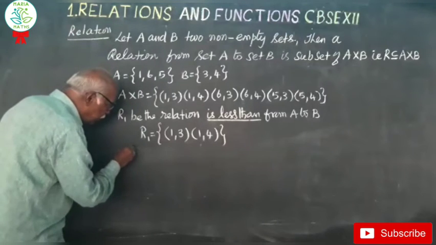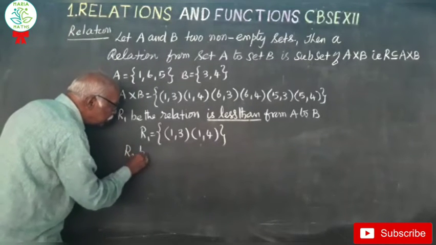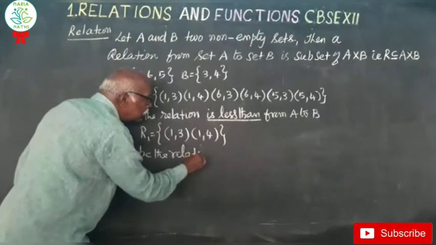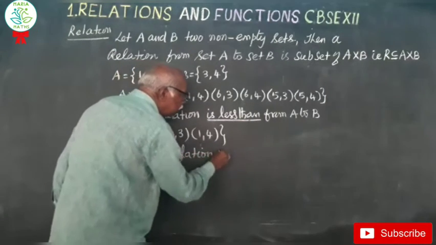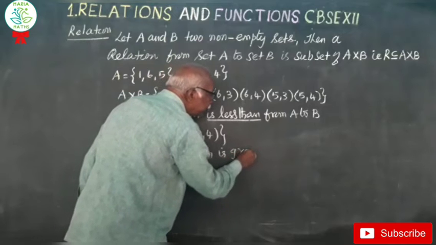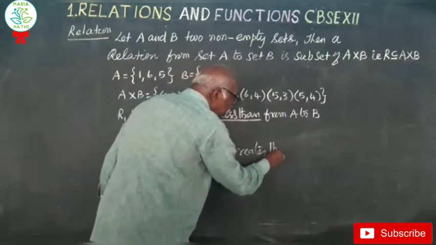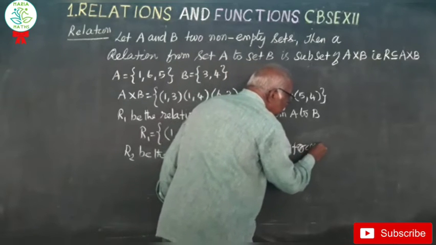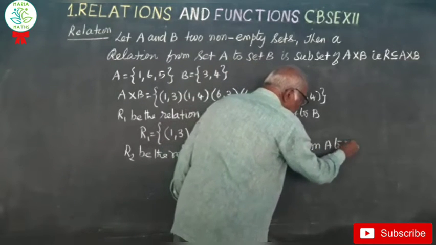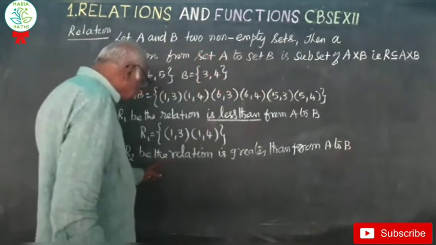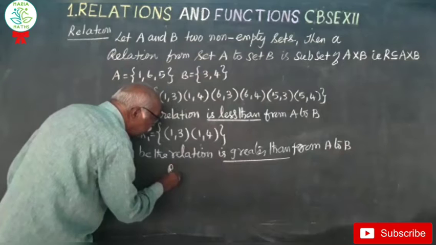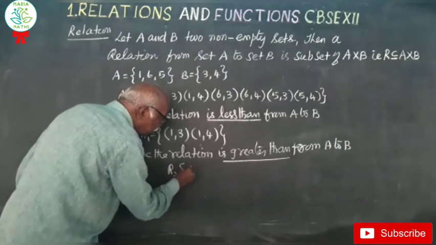R2 be the relation is greater than from A to B. Now, in the R2 relation, what are all the ordered pairs?